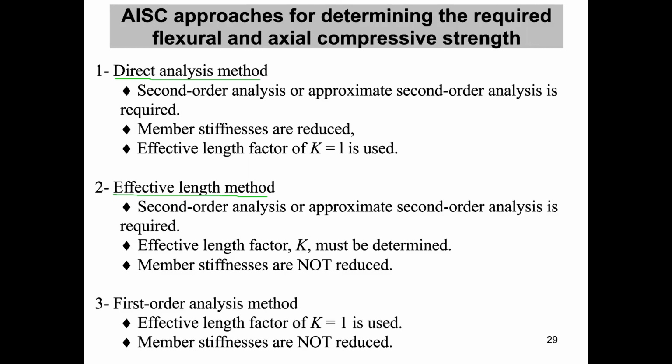In this method, the second-order analysis or approximate second-order analysis is required. The effective length factor K must be determined, and the member stiffnesses are not reduced. 3. First order analysis. In this method, effective length factor of K equals 1 is used, and the member stiffnesses are not reduced.